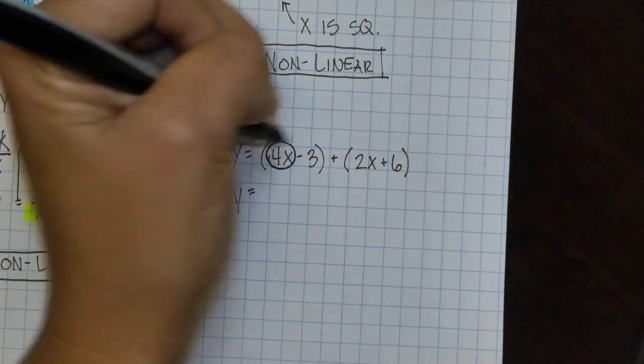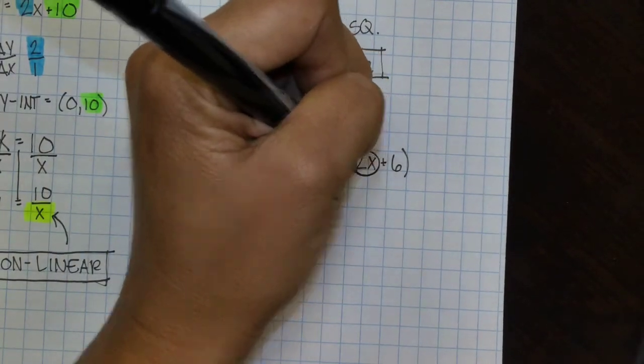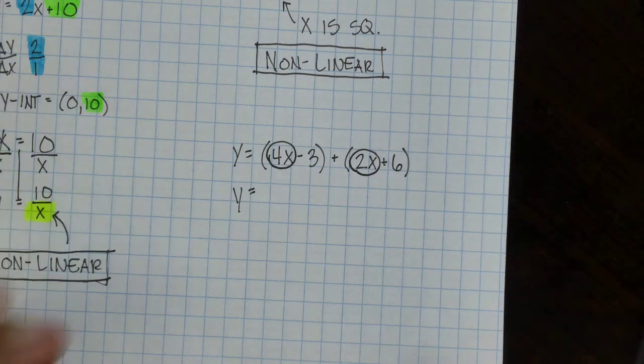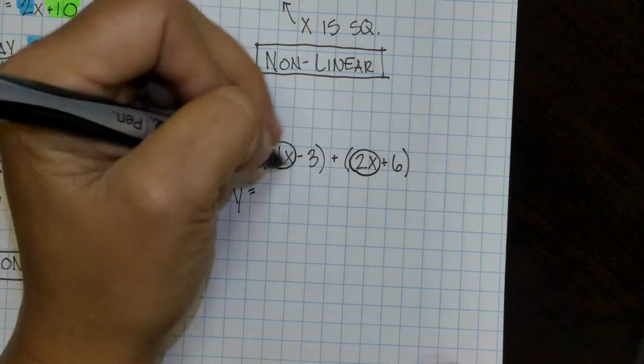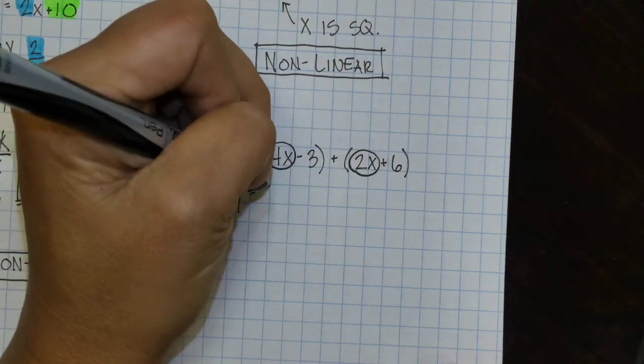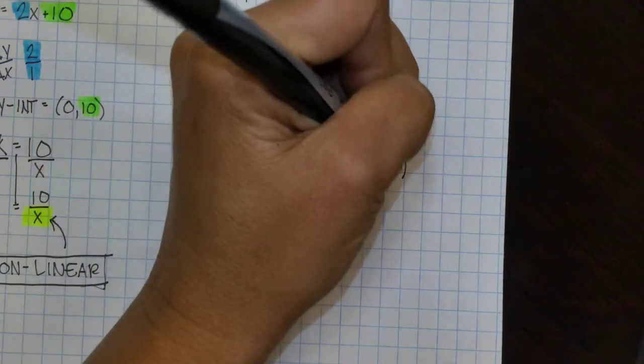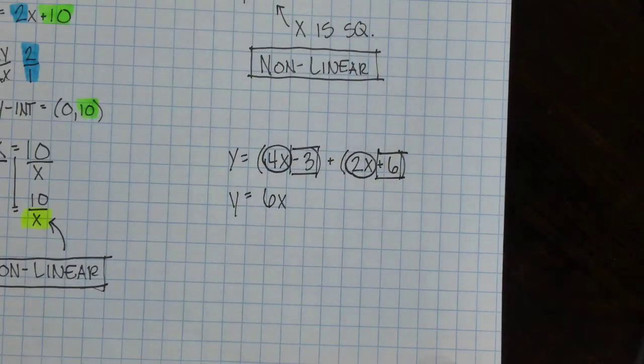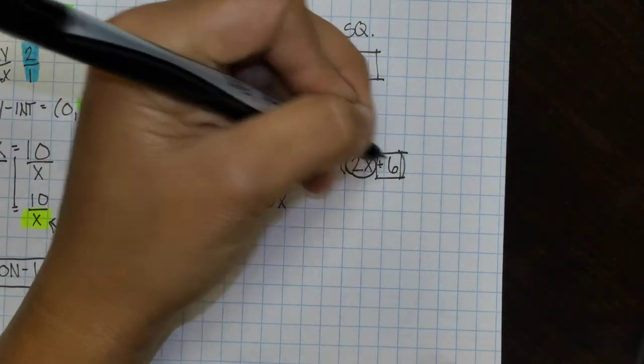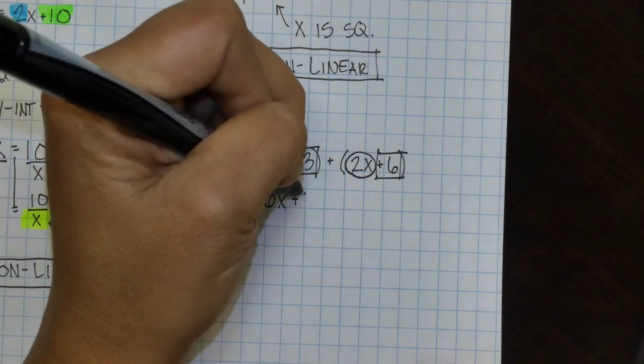I've got a 4x. And because this is all addition, it doesn't really matter that there's parentheses. I could take the parentheses away and it would mean the same thing. So 4x plus 2x is 6x. And then I've got a minus 3, and I've got a plus 6. And so that becomes 6 minus 3 is plus 3.